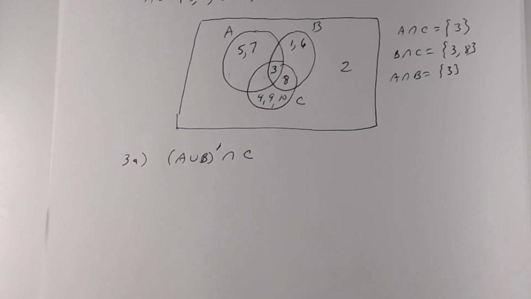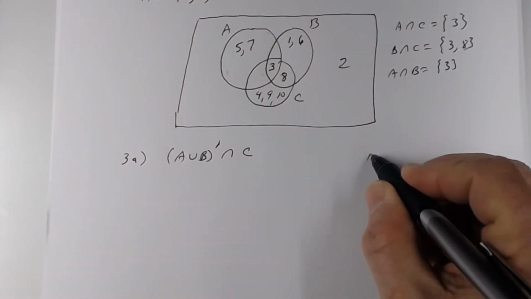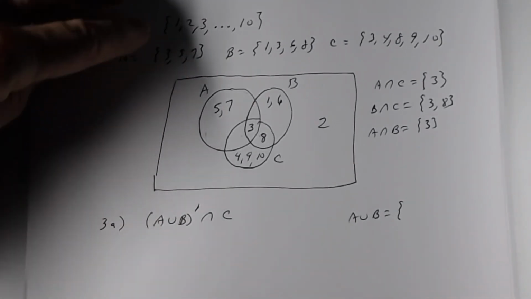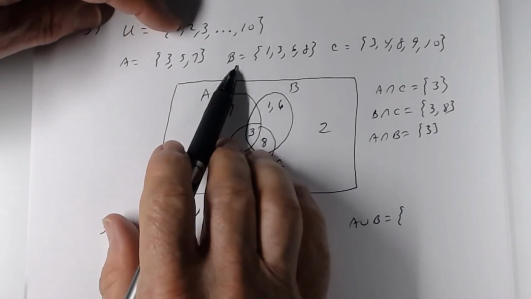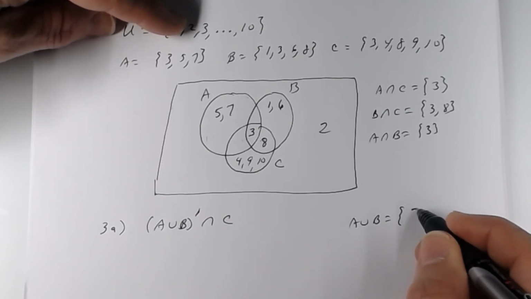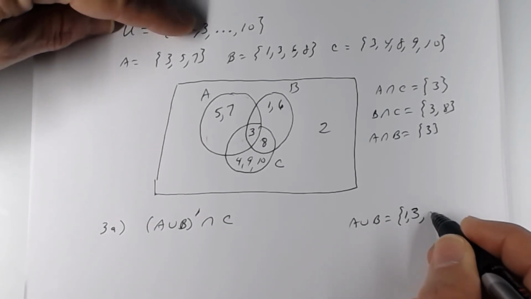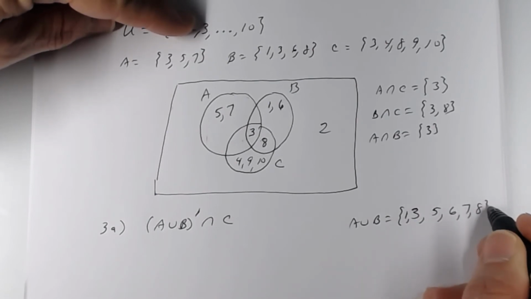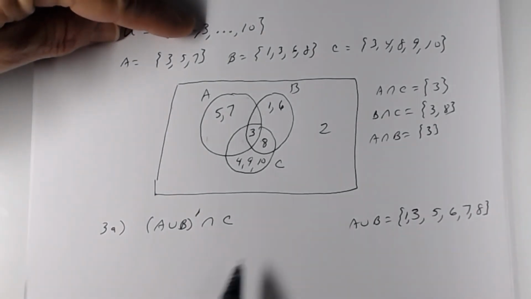A union B. Look at the elements in A, look at the elements in B, and let's combine them. So it's A union B: 1, 3, 5, 6, 7, 8. Very good. So that's A union B.